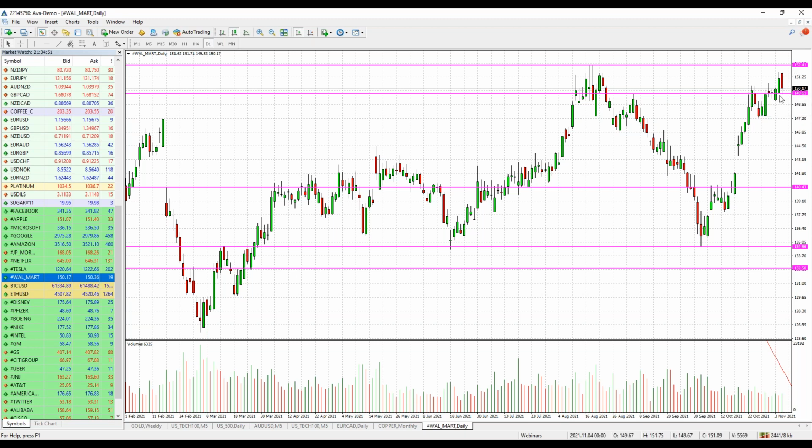Let's see if we manage to retest the 150, 152 and a half area, or if not, if we see some closings below 149.60, we could continue sliding lower. That's as far as Walmart.